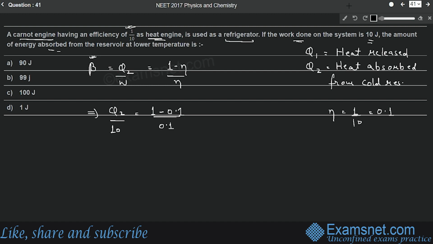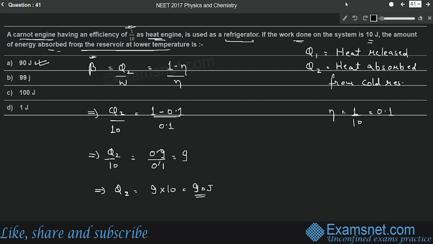So from this equation we can find out the value of Q2. So Q2 by 10 will be equal to 1 minus 0.1, that is 0.9 by 0.1, so it will be 9, and Q2 will be equal to 9 into 10, that means 90 joule. Okay, so Q2, that is heat absorbed from the reservoir at lower temperature, is equal to 90 joule. Therefore, option A will be the correct answer.